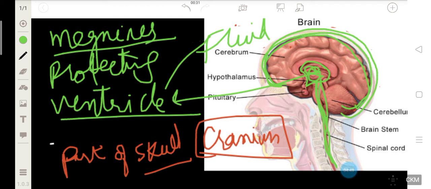This fluid, present in the ventricles of the brain as well as in the spinal cord, is known as CSF, which means cerebrospinal fluid.